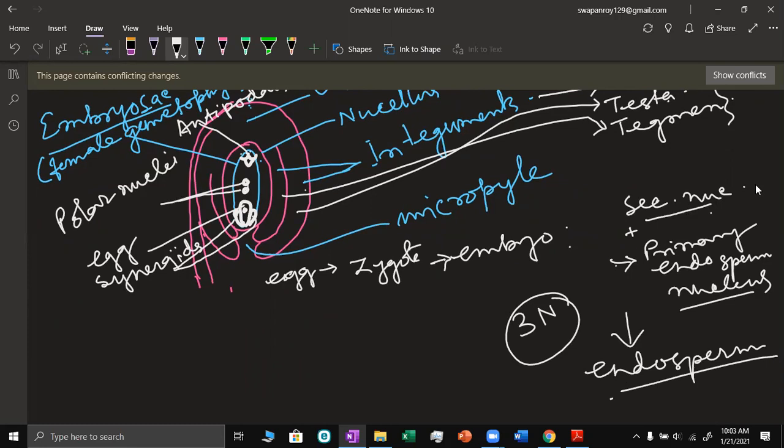The secondary nucleus is 2n, then the sperm is n, so the primary endosperm is 3n, and it gives rise to endosperm, which is also 3n, a triploid structure.